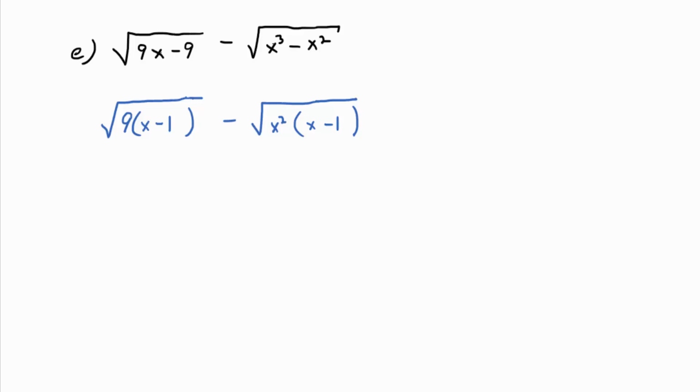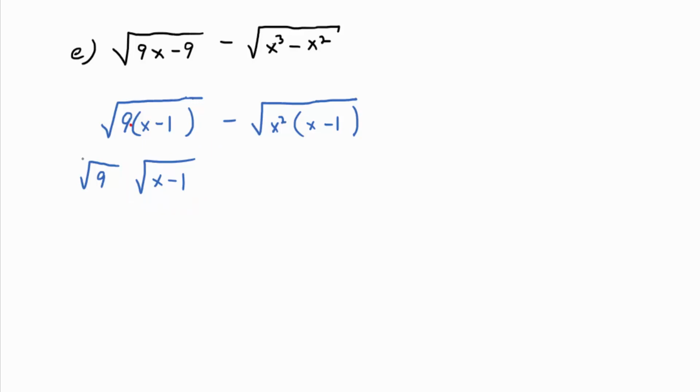So it splits up over this operation of multiplication between the 9 and the x minus 1. It's not going to split up over the x minus 1 ever. Normally I wouldn't write this step down, but it's crucial that you don't misinterpret it. You cannot break up this square root because the operation is a minus between the x and the 1. So you've got to leave it as is.